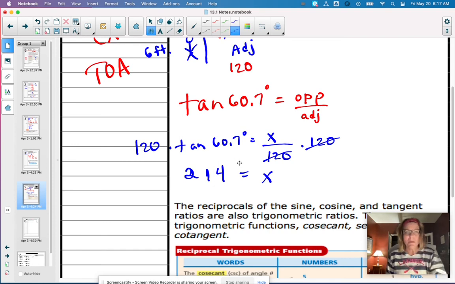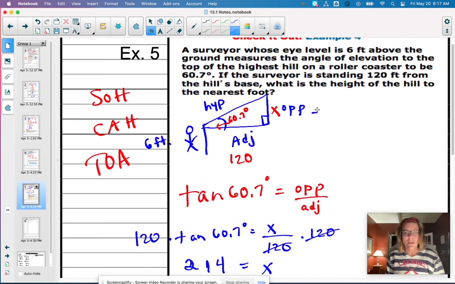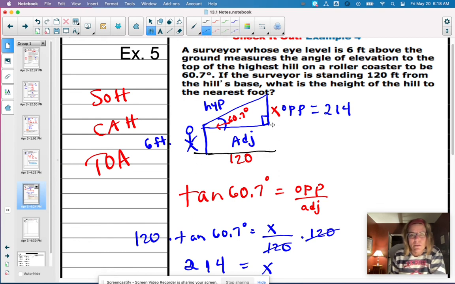So let's scroll up a minute. This right here is 214. They want to know what is the height of the hill to the nearest foot. Well, if you think about it, this is only part of the height. You have to think about where the person is standing. This is the ground, so let's draw a little line here. This is the ground right there. So we need to find the total height.